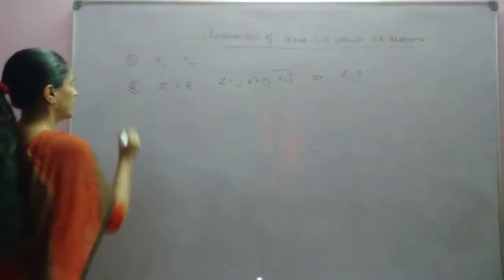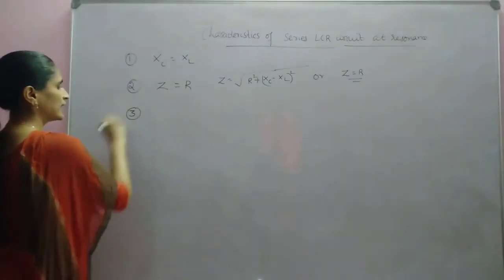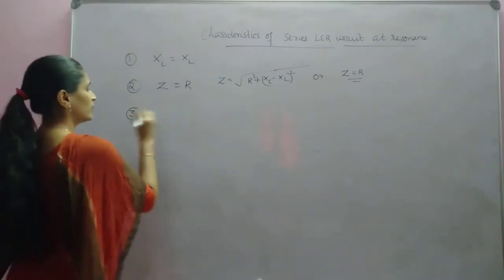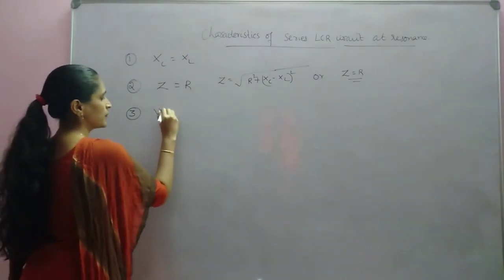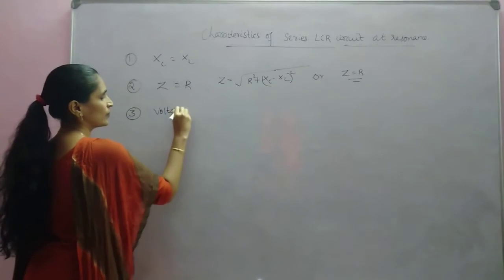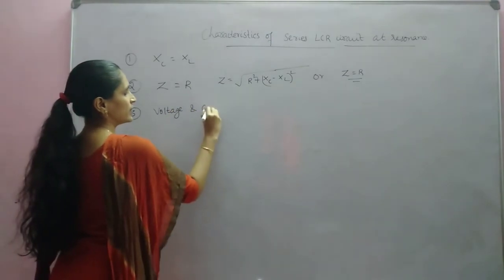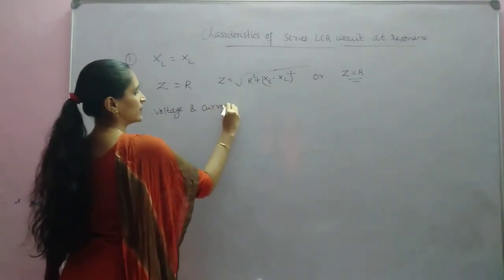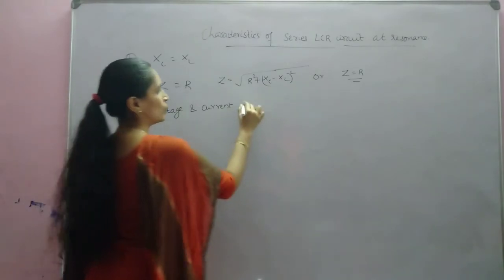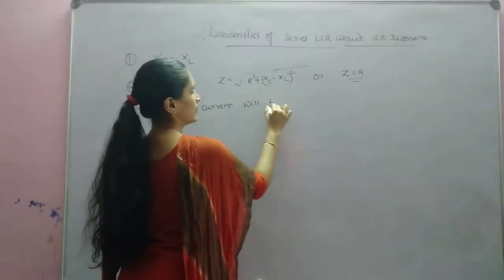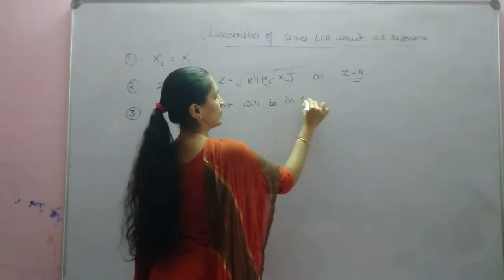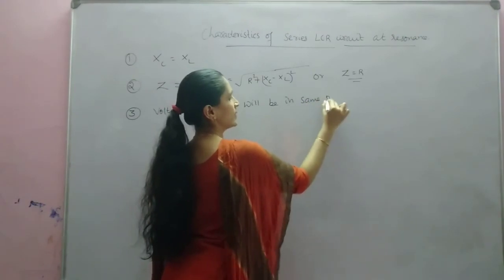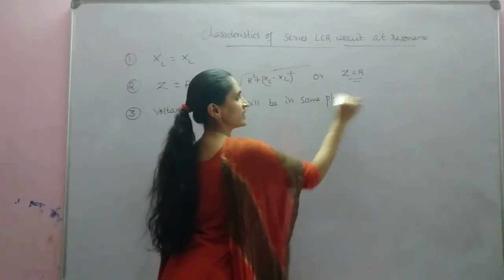Then the third property: voltage and current will be in the same phase. Why will they be in the same phase?